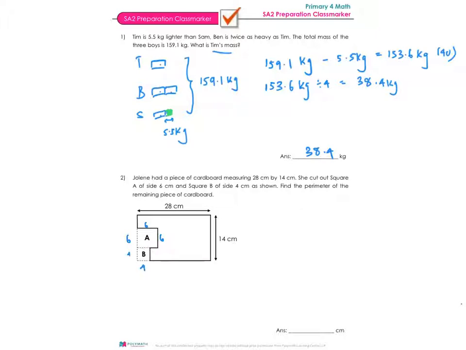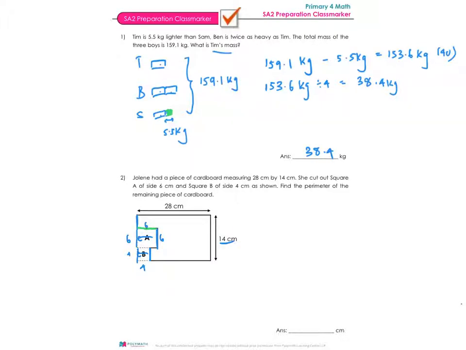We already know that the ones labeled in blue are actually equal to 14 cm, because when you push it out, it's going to be like this, right? So you don't have to do any addition, but you need to find the additional parts which are labeled in green.